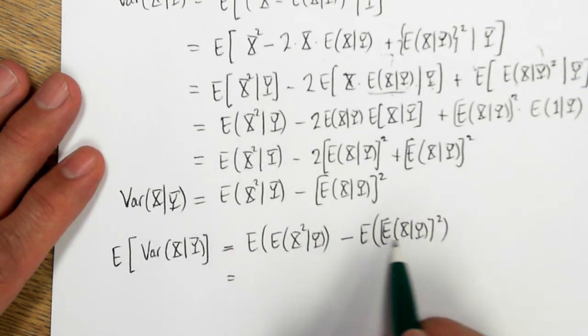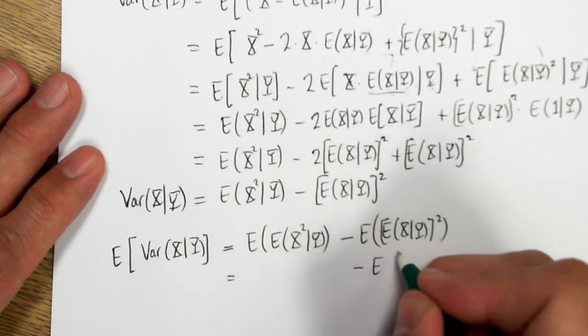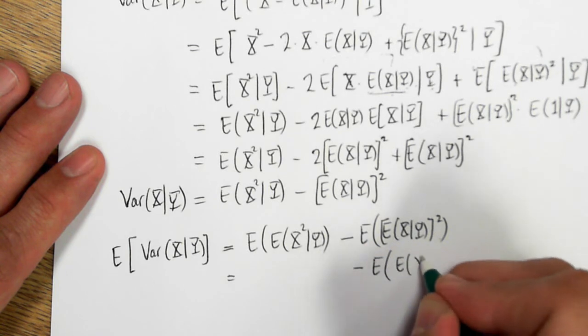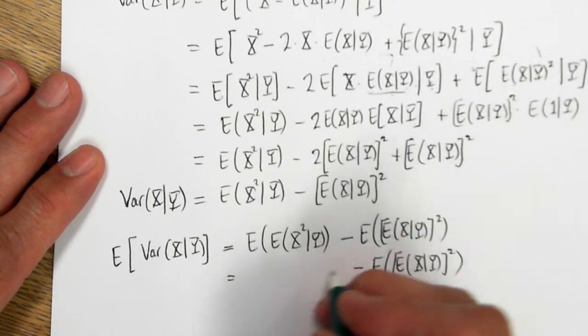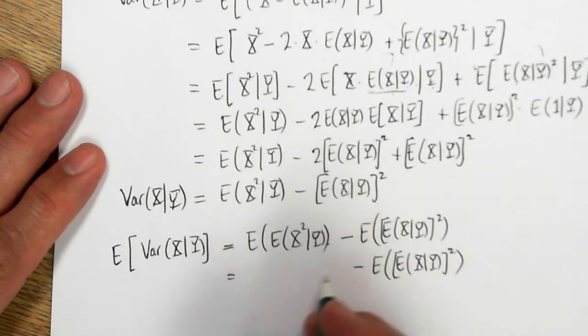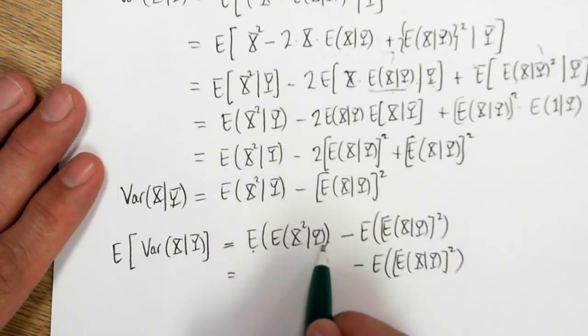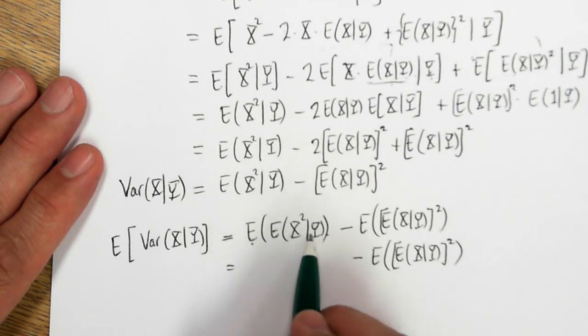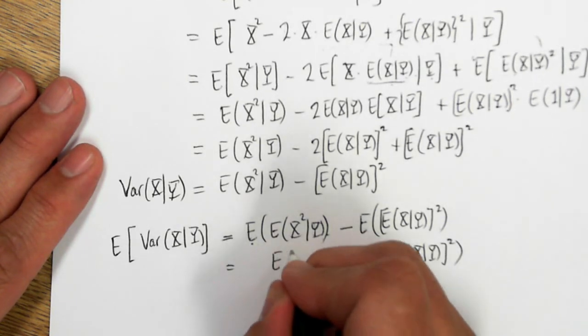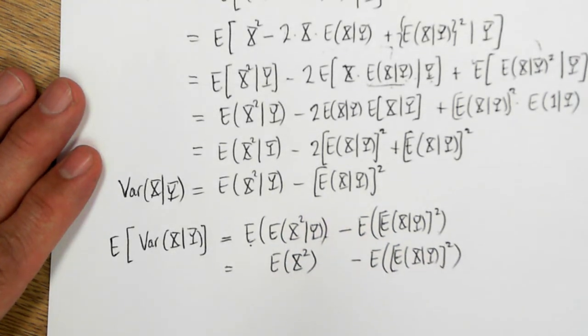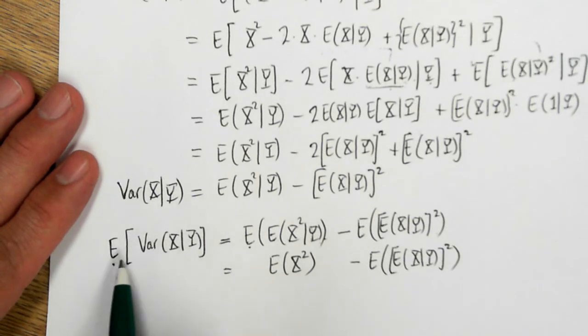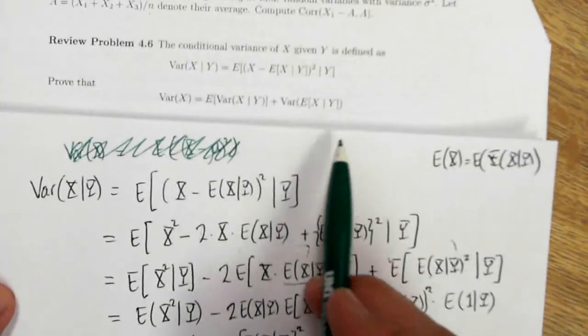Well, there's no shortcut to this. That doesn't get any simpler, so that just carries along for the ride. This part, however, does become simpler. It's the expected value of something, and the expectation of this conditional expectation is simply the expectation. So that's the expected value of the variance of X given Y.